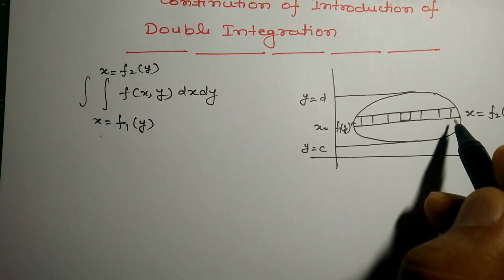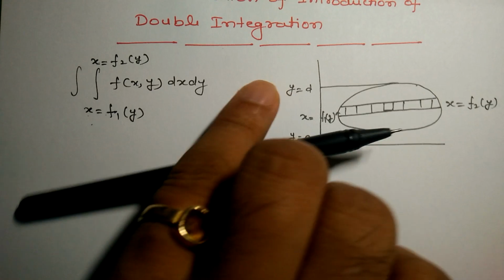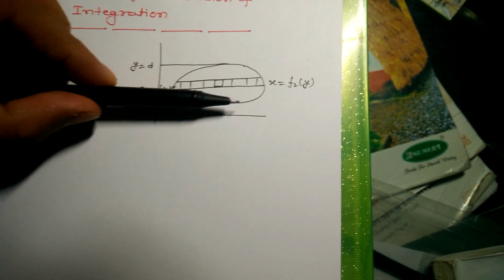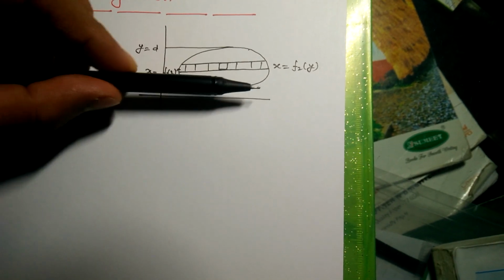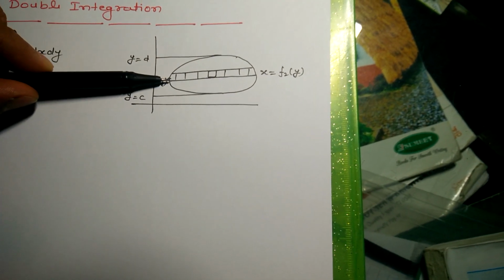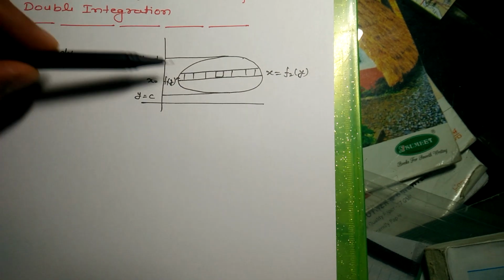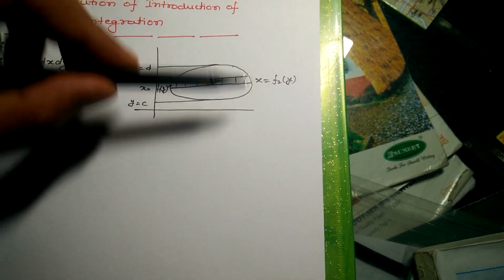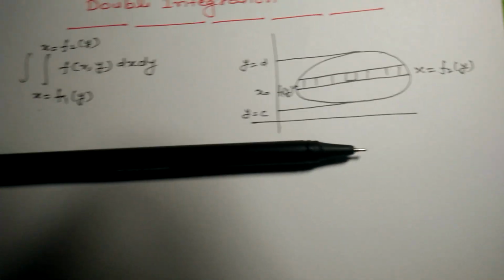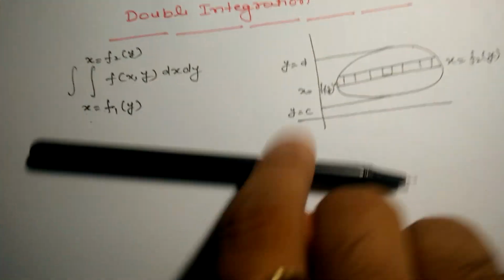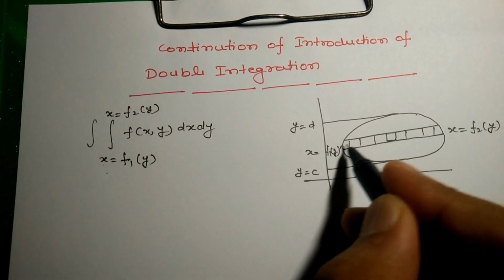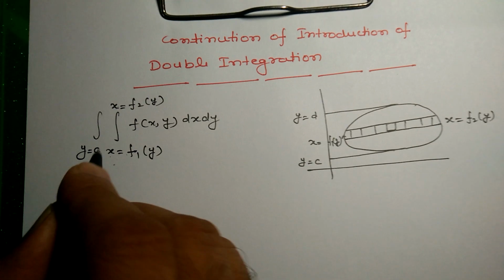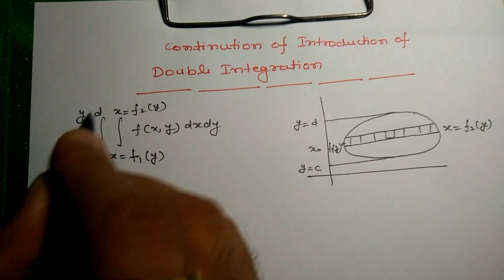Then after doing the integration on this strip, you will be moving this strip along the y-axis, bounded between this part of the curve, the left part as well as the right part. So first you integrate on this strip, then you move the strip from y equal to c to y equal to d.